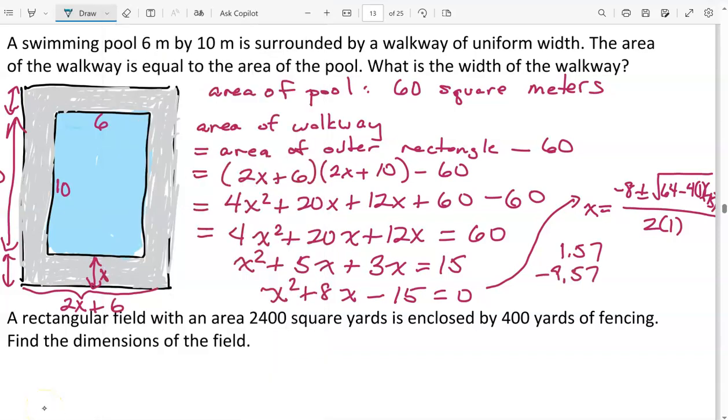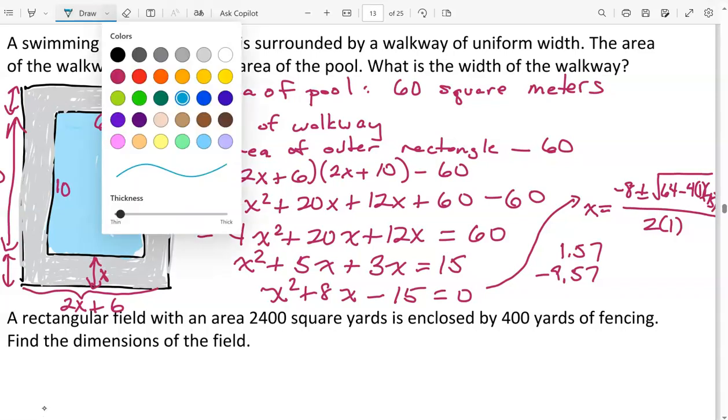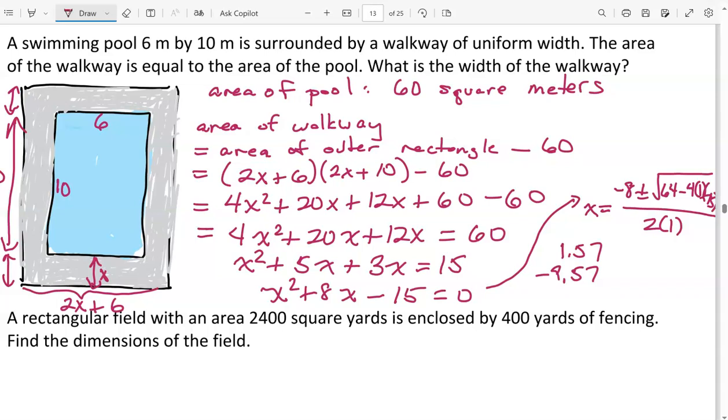We're going to need to see both of those solutions, and then we know that a negative solution for a length is not valid in the context of the problem. So that means that our final answer here will be 1.57. I'm going to place the decimal point in the right place here. 1.57 meters would be our final answer. But we do need to see both solutions.